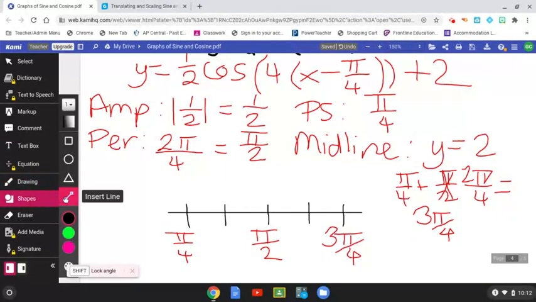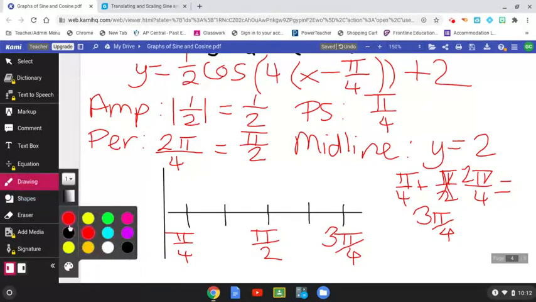Okay, now I'm just going to add in a y-axis, and we're going to label the y-axis according to our amplitude. And our amplitude was 1/2. So we know, oh, actually, let me not label the y-axis yet, because this graph, remember, has a vertical shift.